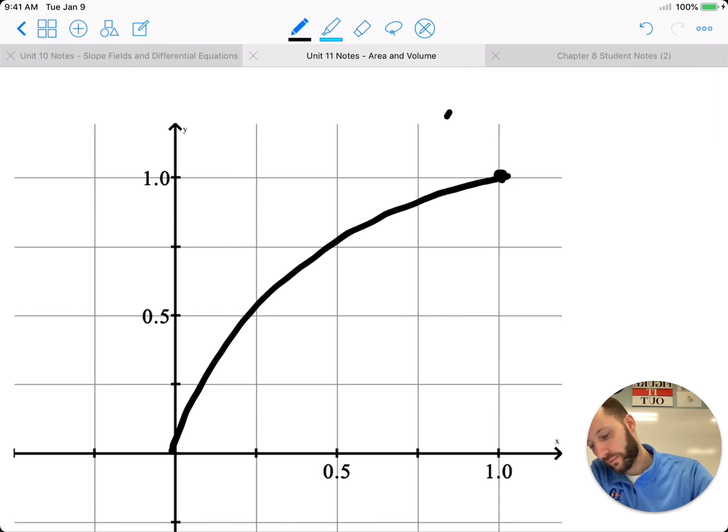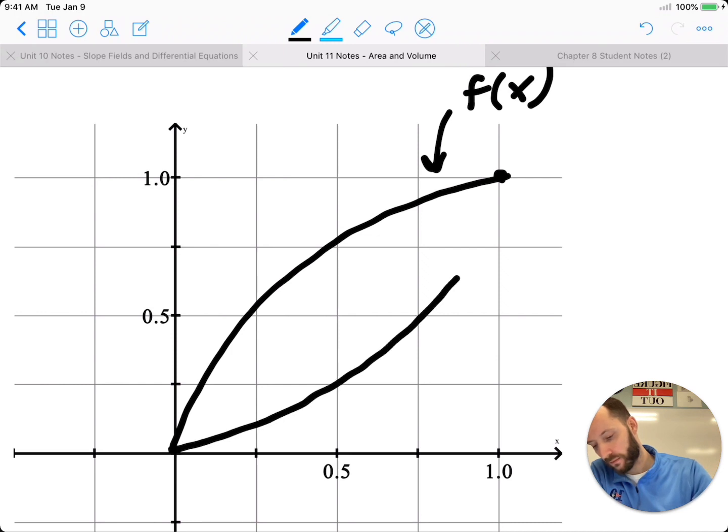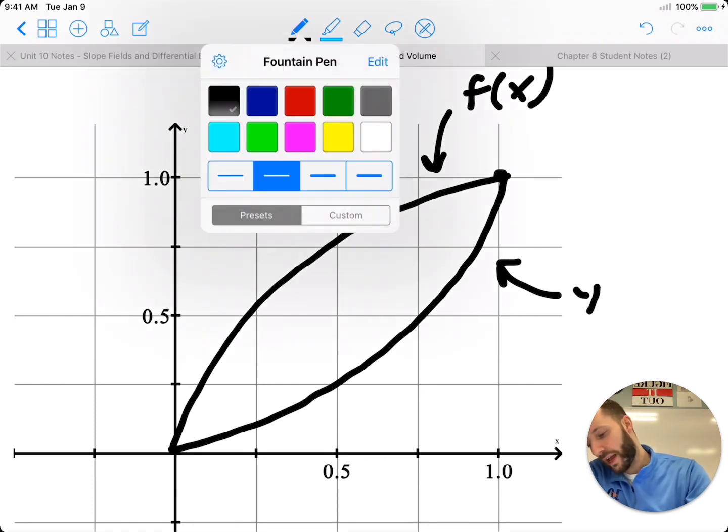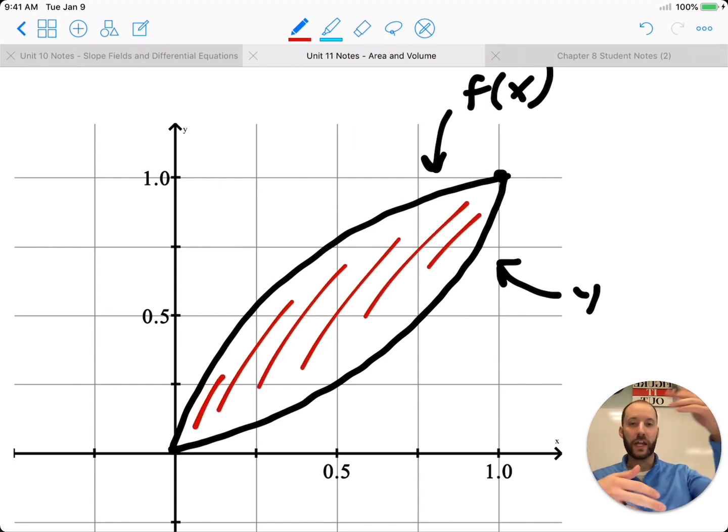So that's f of x. And then x squared, that's y. So we have our region right in here. And we're going to revolve that region about the x-axis.